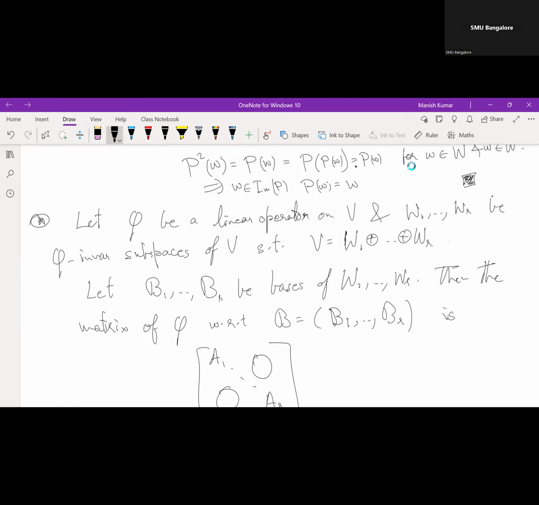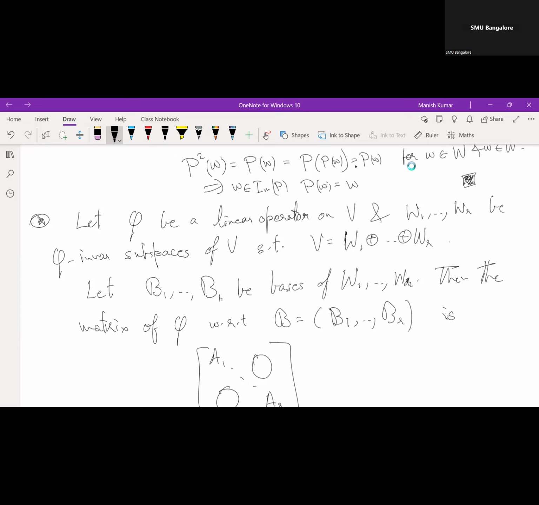Now let B1 to BR be bases of W1 to WR. So B1 is a basis of W1, B2 is a basis of W2, and so on, and BR is a basis of WR. Then you can club these bases together, one after another, and get a basis of V, because it's a direct sum.